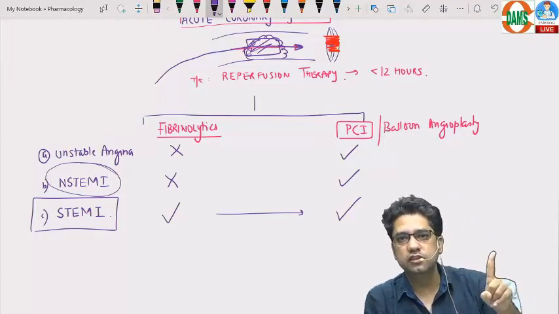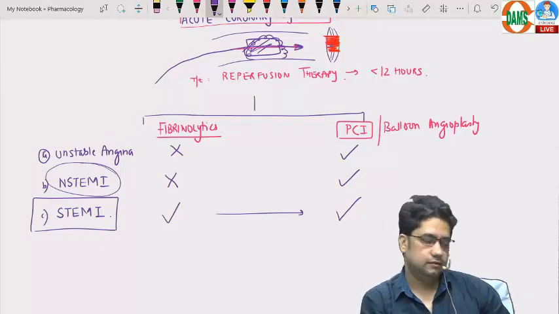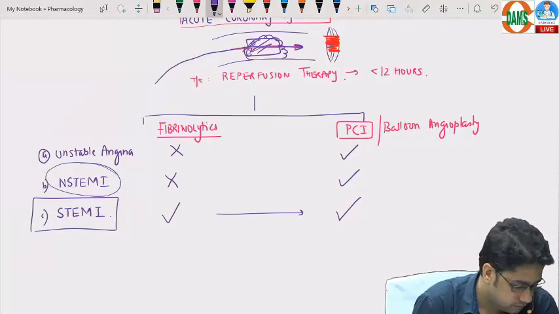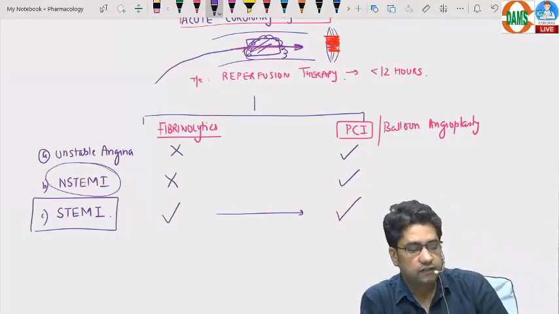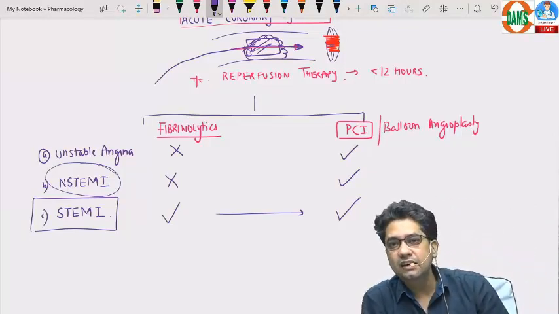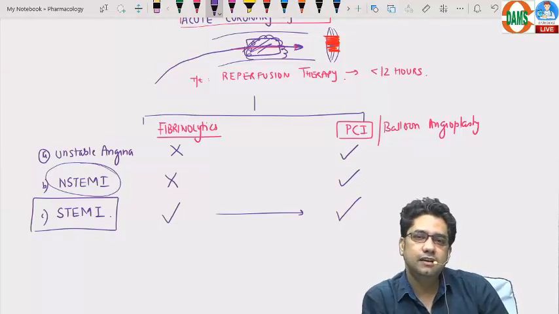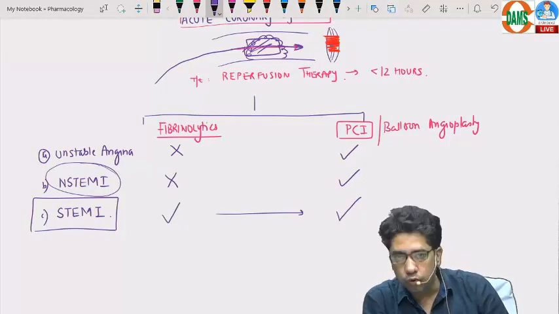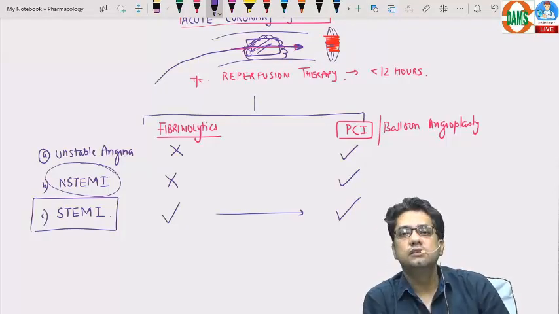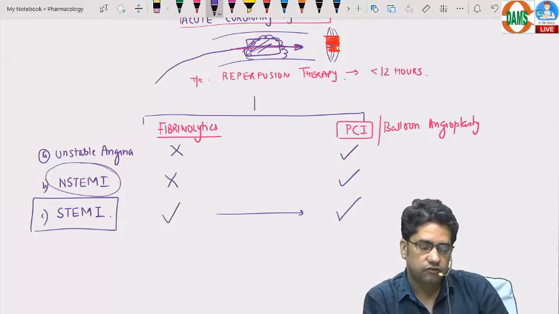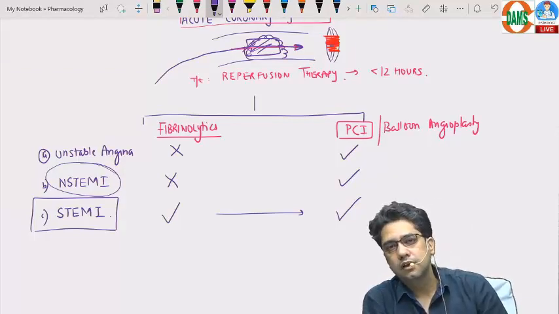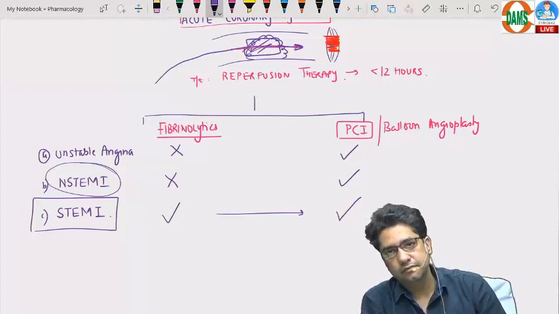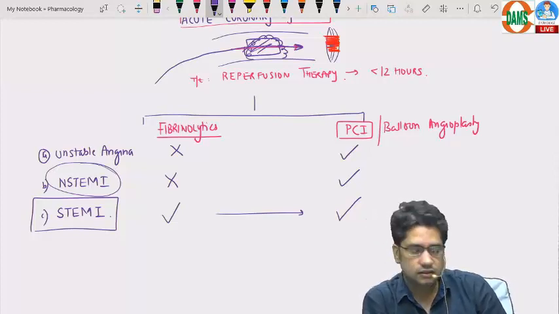And the option was streptokinase. Would you give streptokinase in non-ST elevated MI, NSTEMI or unstable angina? The answer is no. We don't give streptokinase or fibrinolytics in NSTEMI and unstable angina. I hope you have understood this concept.